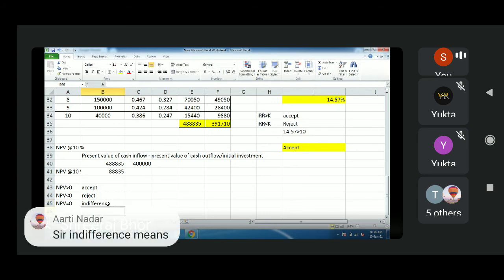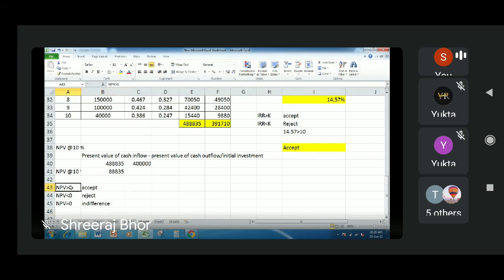So these three criteria are there. If the NPV answer is more than 0, then it is acceptable. If NPV is less than 0, then it is rejected. And if NPV is equal to 0, then there is indifference.